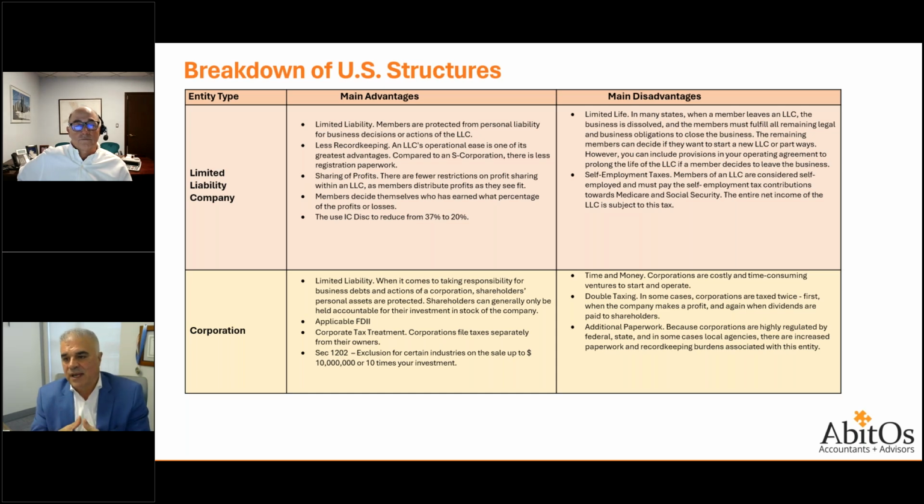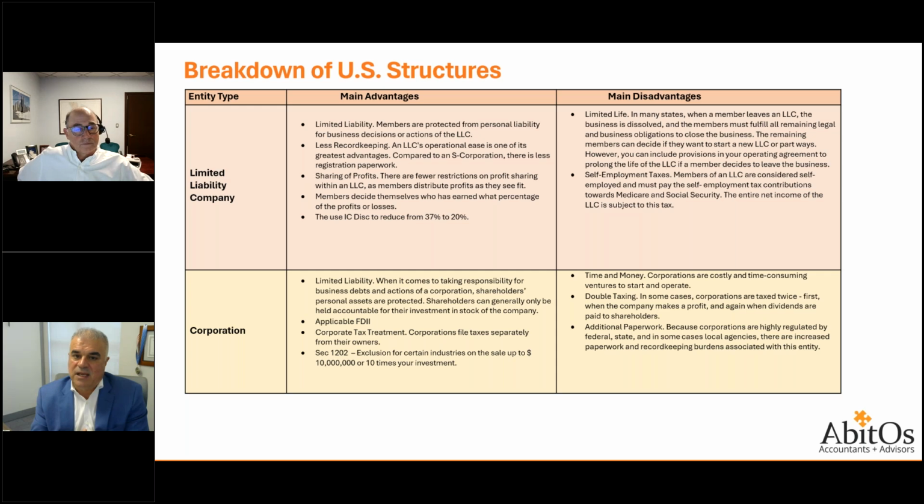The issue with a limited liability company is that it has a limited life and also has self-employment tax. Most people do not realize that if you provide income through a limited liability company and you choose to treat it as a corporation, then you're taxed at 21%. If you choose to treat it as a partnership, then you're subject to self-employment taxes. And we always recommend to put yourself on a salary that is reasonable, or commensurate to the personal expenses that you need to pay.